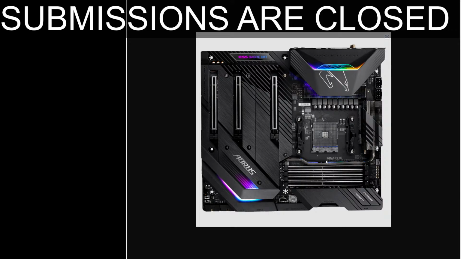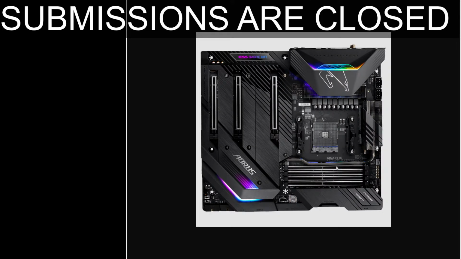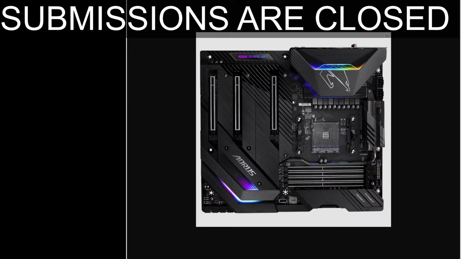And the immediate assumption is like, oh, Gigabyte is cost optimizing the motherboard. They're making it cheaper. And that might technically be true, that now they don't have to pay for two capacitors. But the memory topology on this board absolutely demolishes this one.